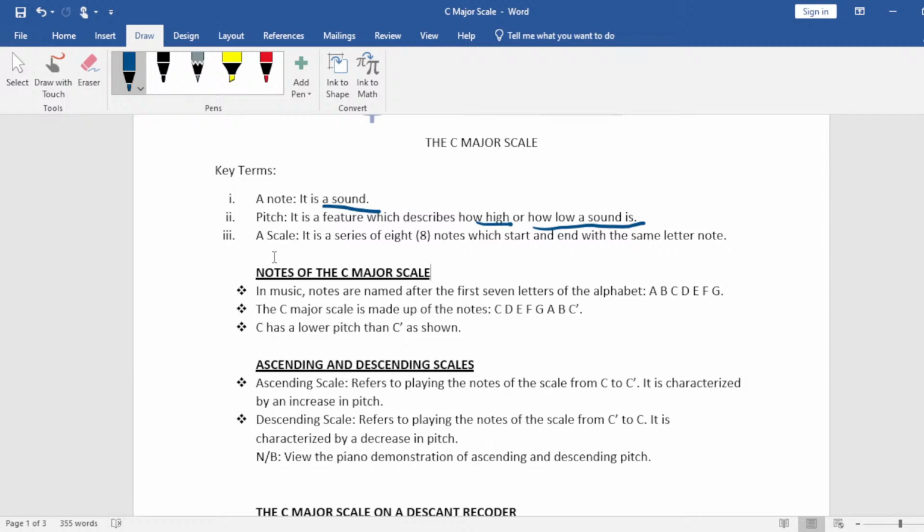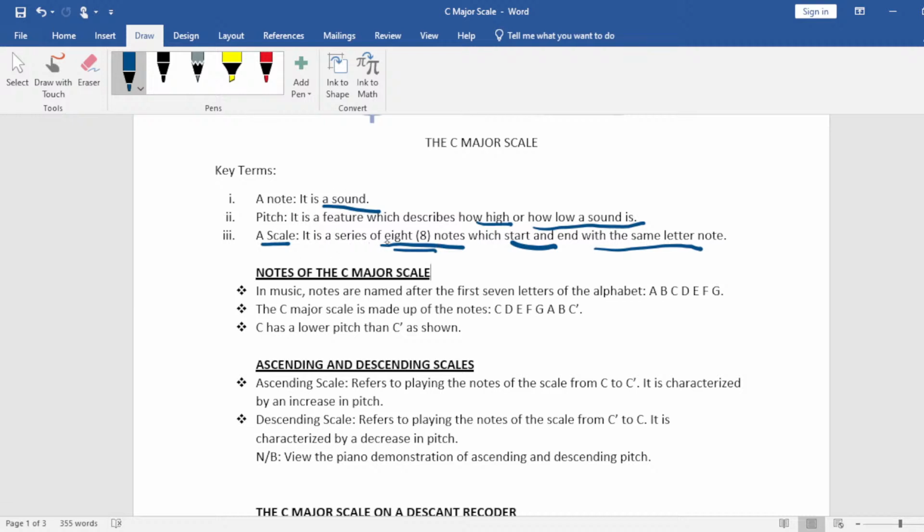The next thing we define is a scale. A scale is a series of 8 notes. And the notes start and end with the same letter note. So if it is starting with A, it proceeds until you meet the next A. Now you will notice that the scale depends on notes.